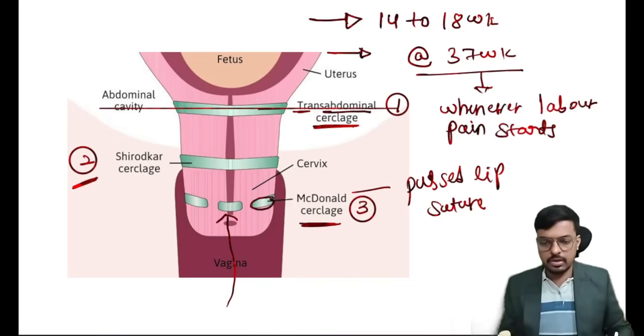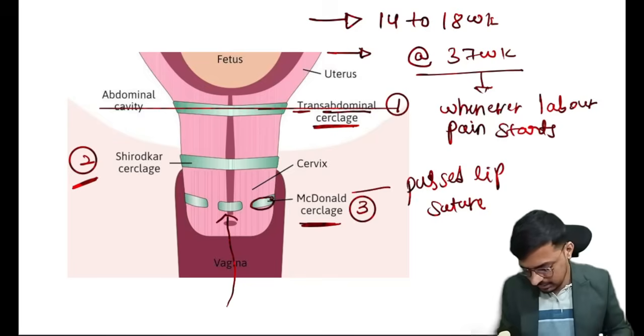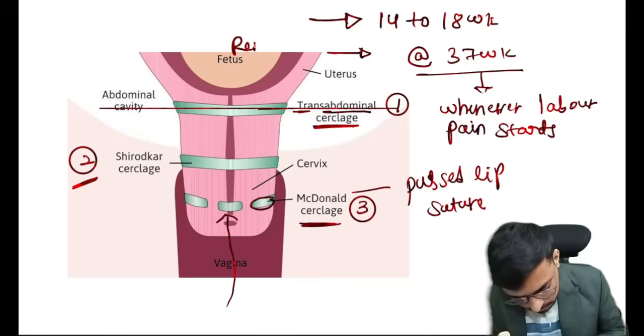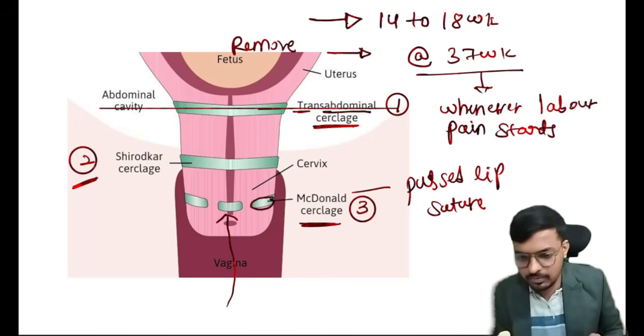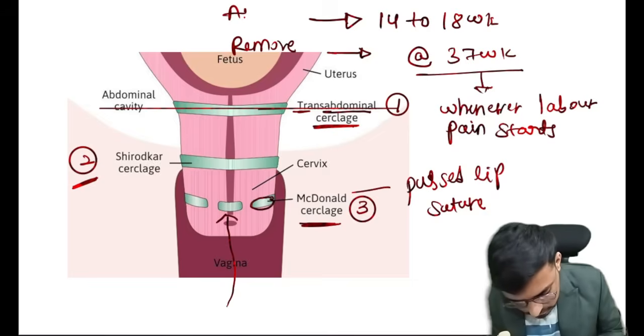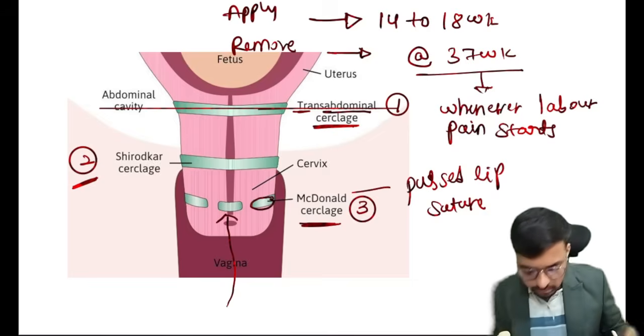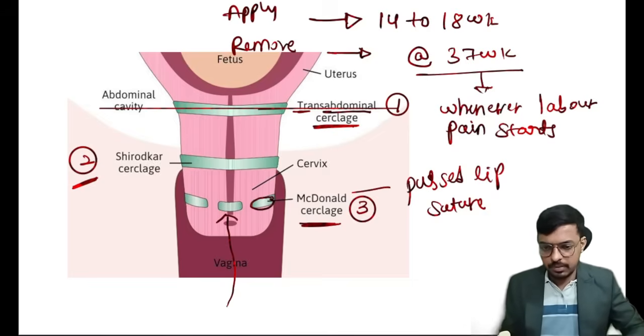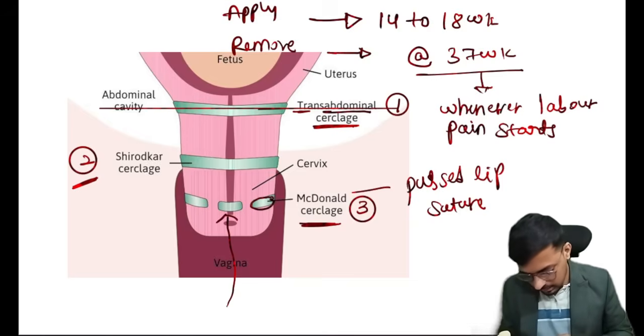This is a very important thing, keep it in your mind. This will be helpful for your exam. So when to remove: at 37 weeks. When to apply the suture: at 14 to 18 weeks of gestation. It is important for you all. I hope it is clear to everyone.